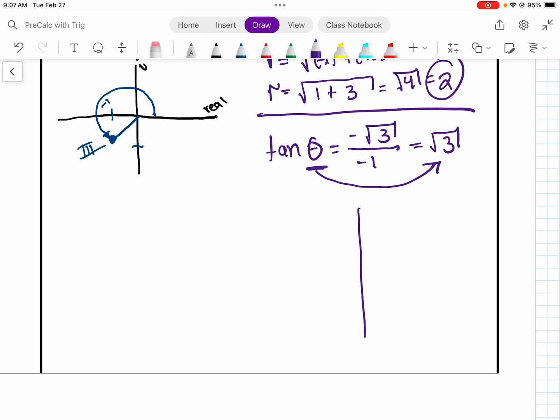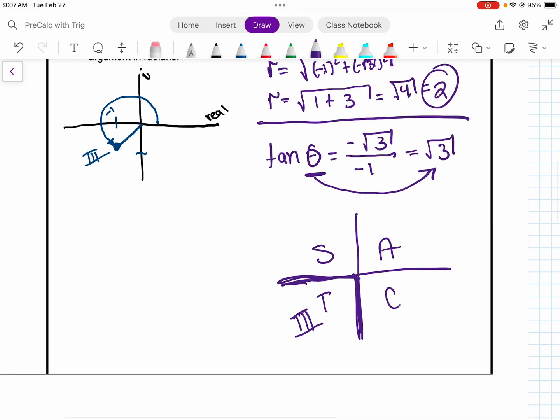Well, given the unit circle, tangent is going to be positive in quadrant 1 and quadrant 3. But again, we want quadrant 3 because we already know that that's where the angle is going to be. Well, tangent of what gives you radical 3? Well, that would be about here at pi over 3.